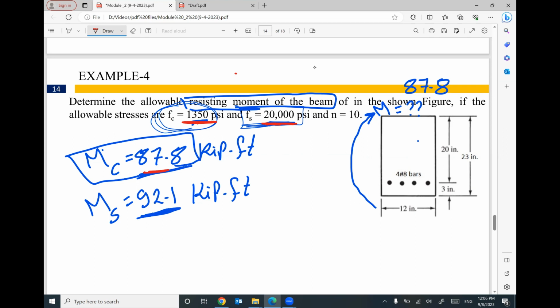So what is the final conclusion for this cross section as a whole, including concrete and steel? It will be 87.8, because 87.8 will make concrete almost good and will make steel more safe. But if you apply 92.1, steel will be good, but concrete will fail.